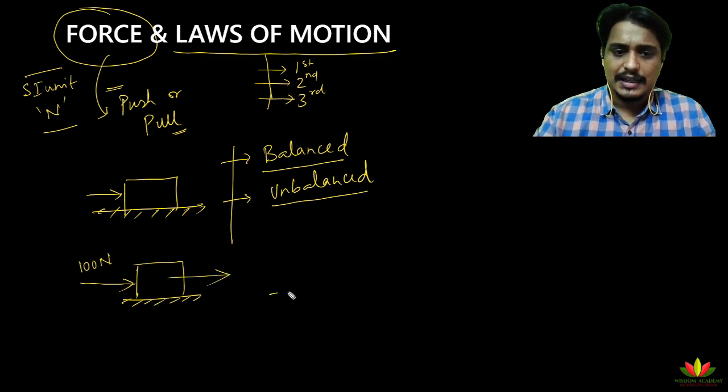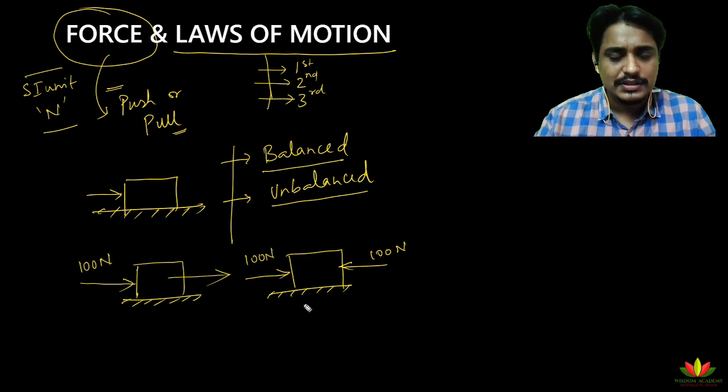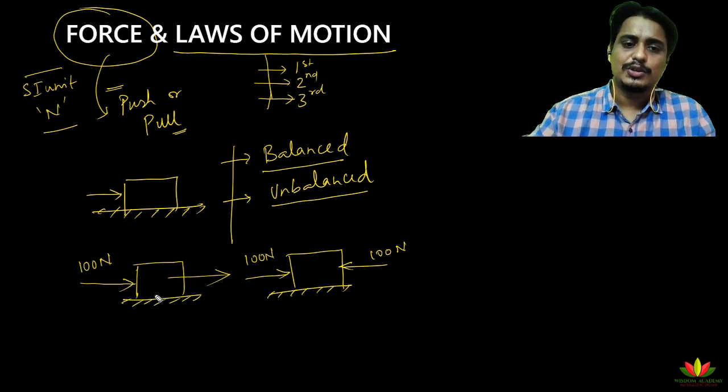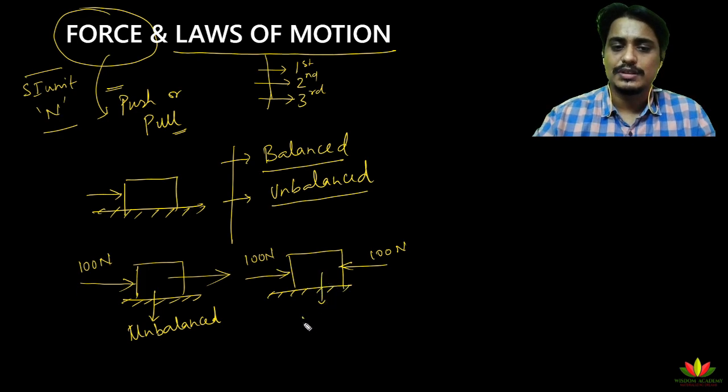Now, in the same object, when 100 Newton force was applied, I am now applying the same 100 Newton force from the opposite direction. Will the object move or not? It will definitely not move. So this condition is called unbalanced force, and this condition is known as balanced force.